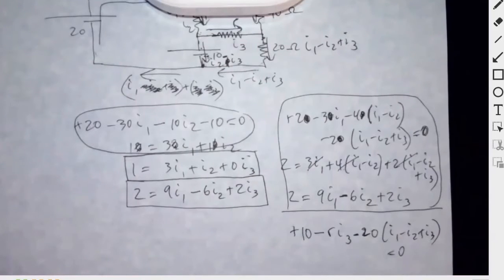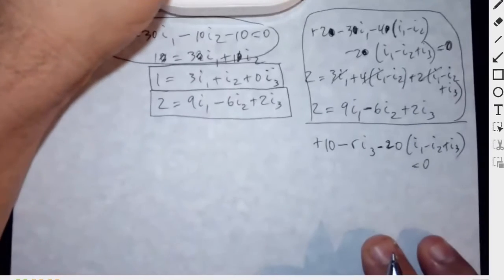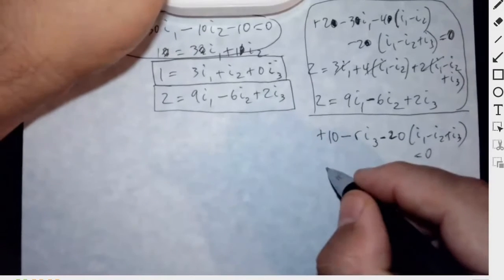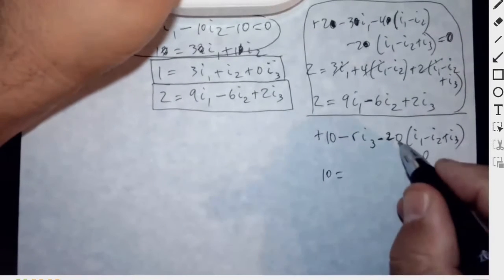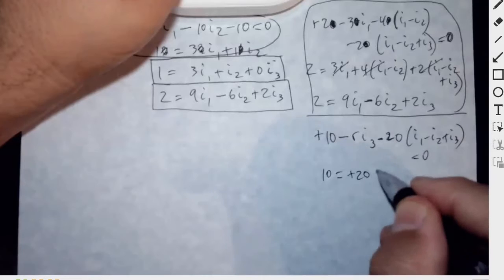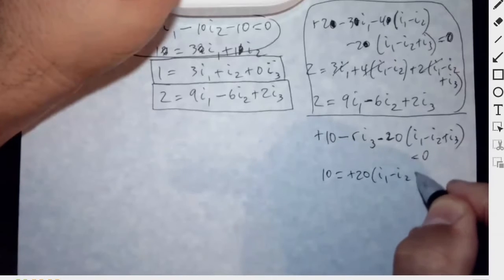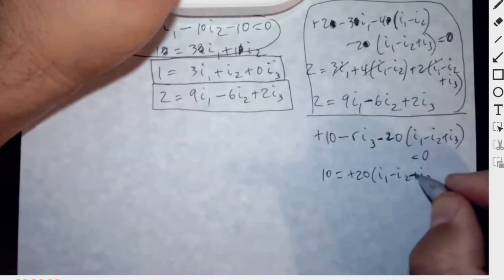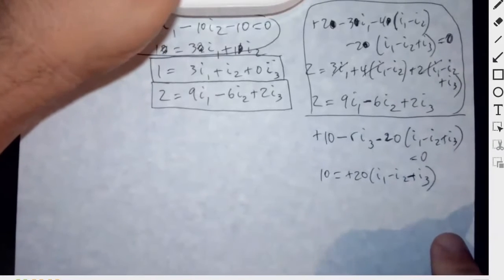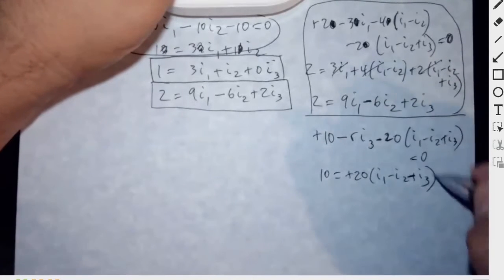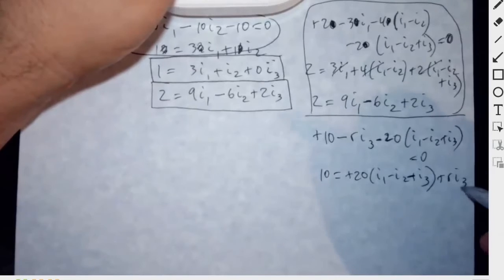Okay, so then what's that going to be? 10. So this one is 20 (I1 minus I2 plus I3) plus RI3.